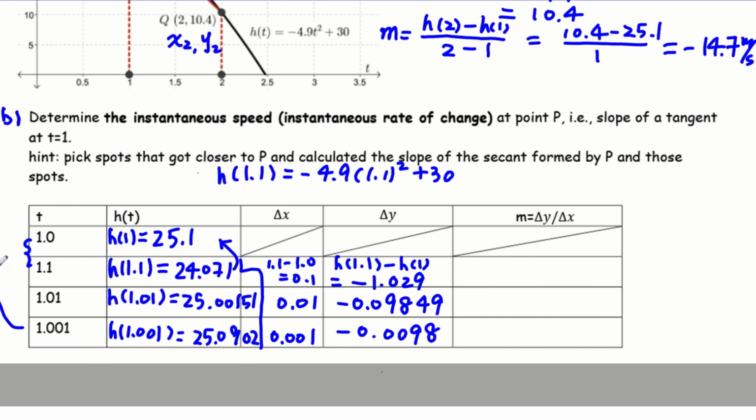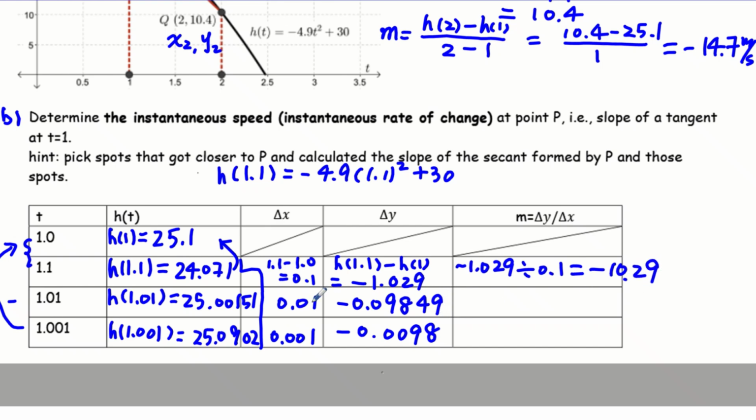And also we do the calculation, use x value subtract 1.0. So after that, we do the division of these two. So negative 1.029 divided by 0.1 gives us negative 10.29.